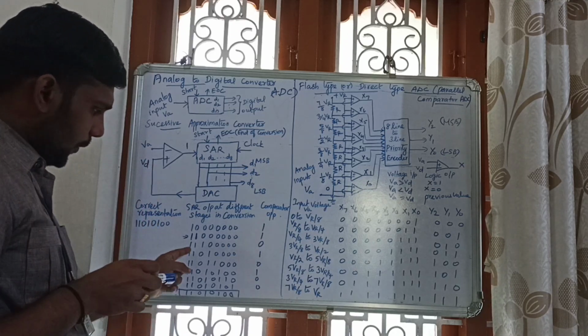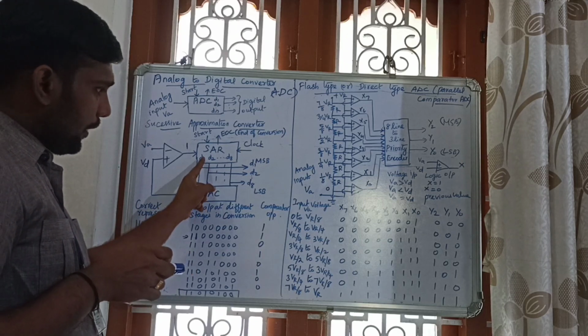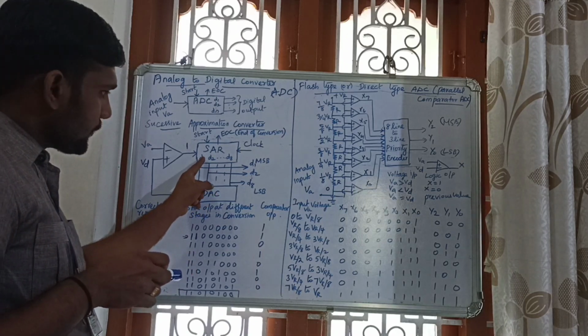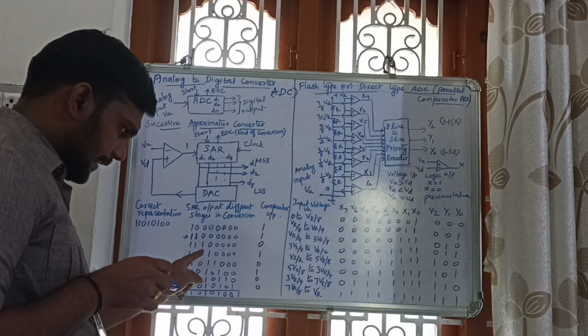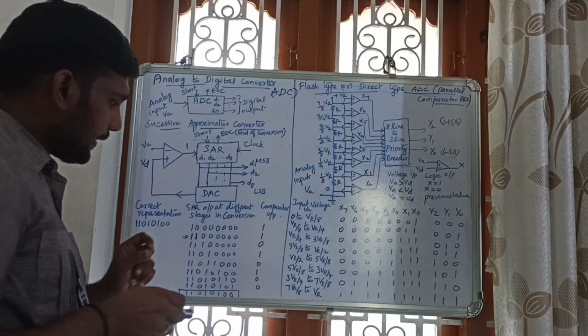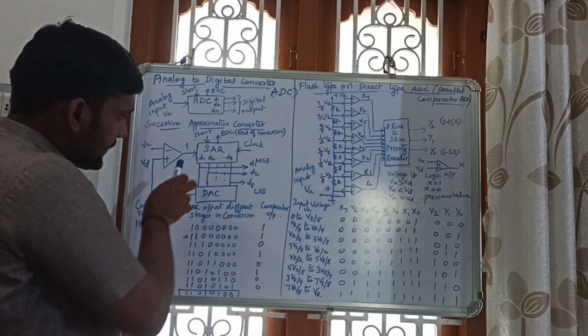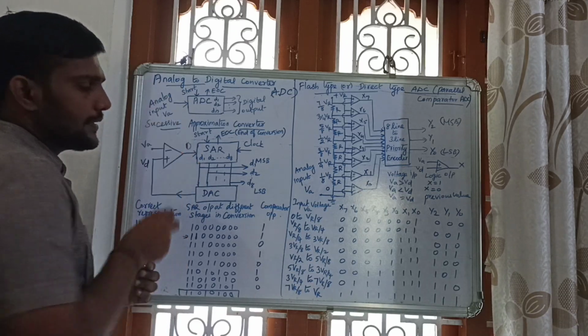VD is greater. So if VD is greater, what will the SAR do? It will change that 1 to 0, then make the next bit as 1. Because in this case VD is greater, the output is 0.